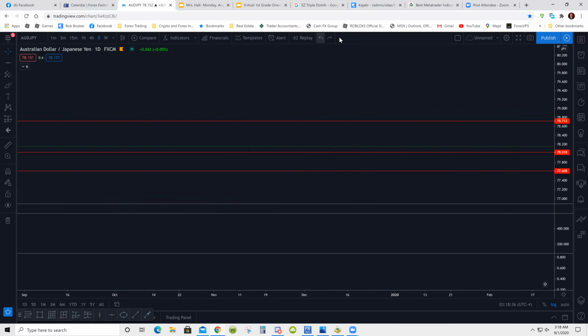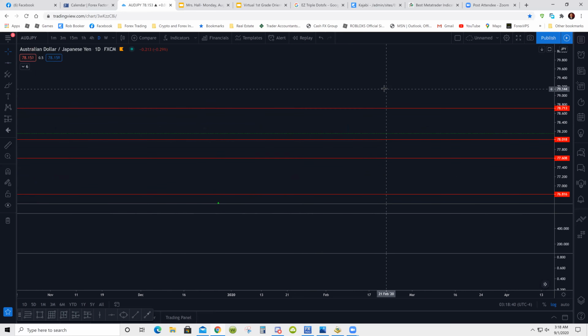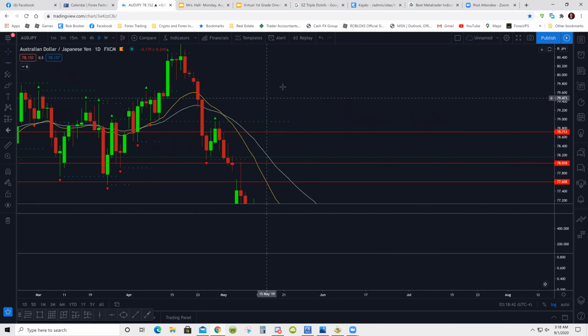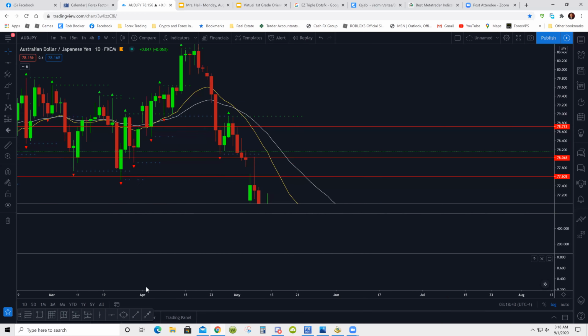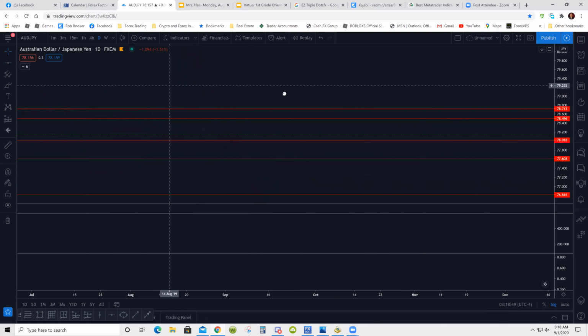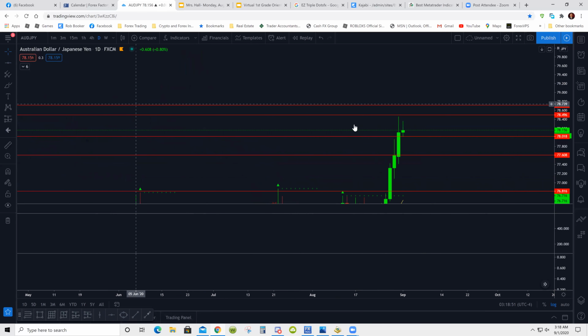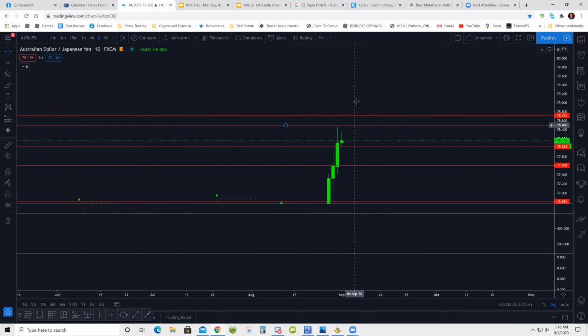And I drew that support and resistance. Right, so that's what I did. I came over here, looked at some key resistance area, and I drew that support and resistance right about there, and it marked it. Nailed it right about there. Okay, so it is now pulling back, and we're looking for this to potentially come back up.